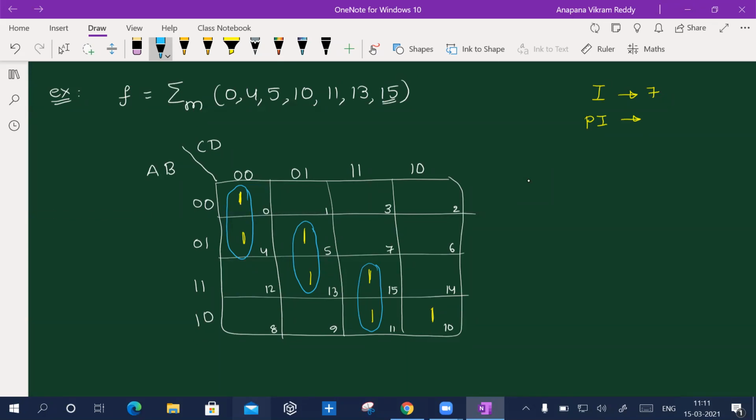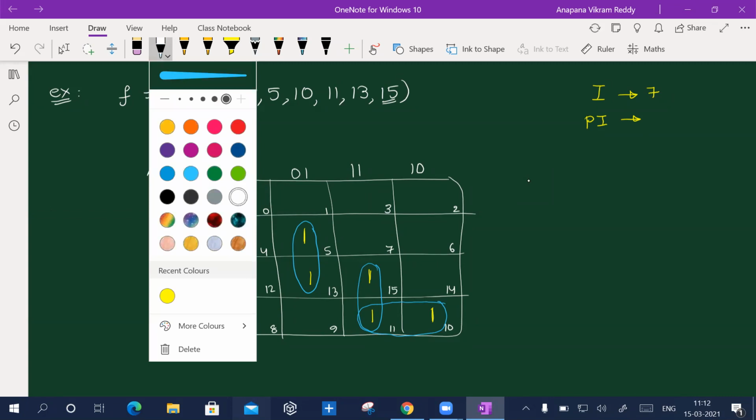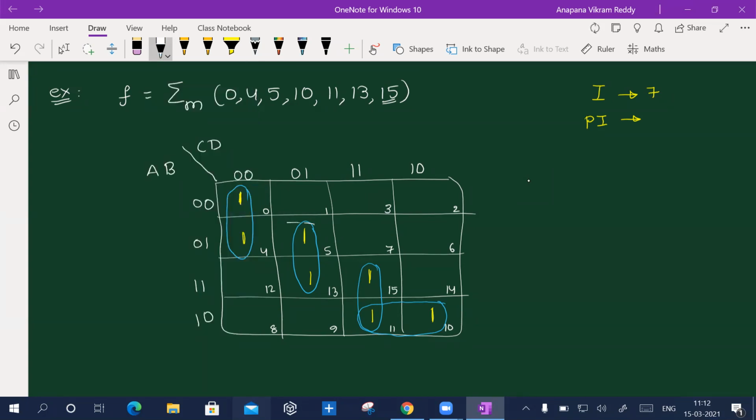So this is the way I have, and this is left down like this. For prime implicants, I have even this option, because I take the maximum possible groupings for prime implicants.